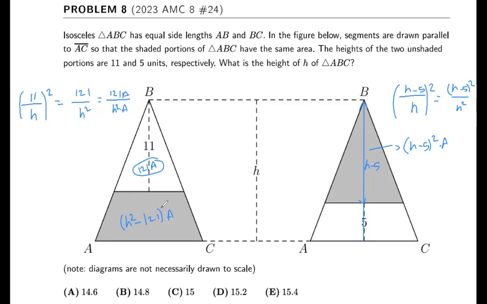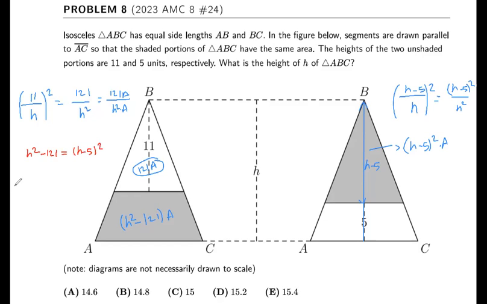So now we know this region and this region have to be the same, and they both multiply by the same a, which is why we can cancel those. So a squared minus 121 times a equals h minus 5 squared times a, so the a's will cancel if you divide both by a, and that will be just the ratio, h minus 5 to the second power.